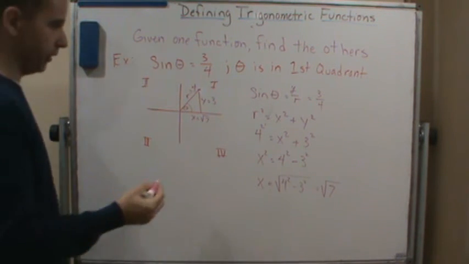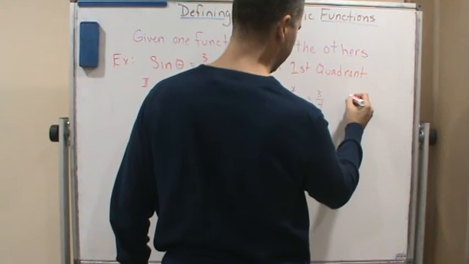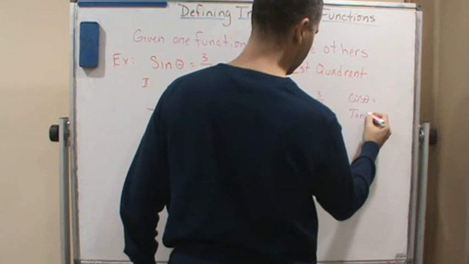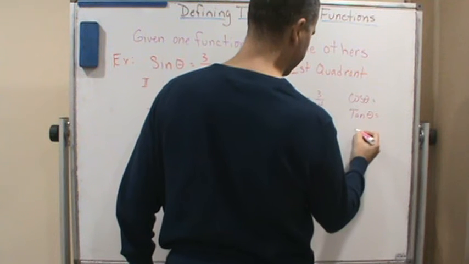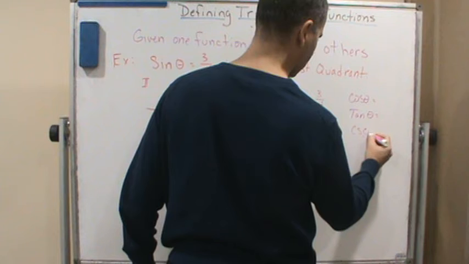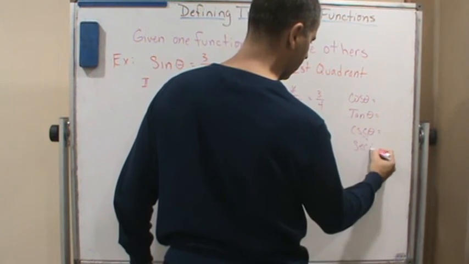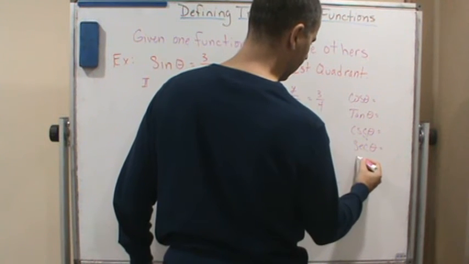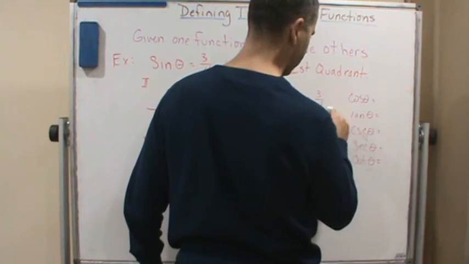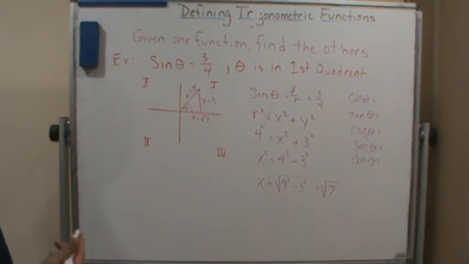So now we can fill in all the other ones. We've got sine, so now all we need is cosine theta, tangent theta, cosecant theta, secant theta, and cotangent theta. Now, what's cosine theta?